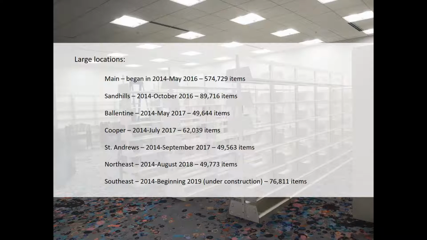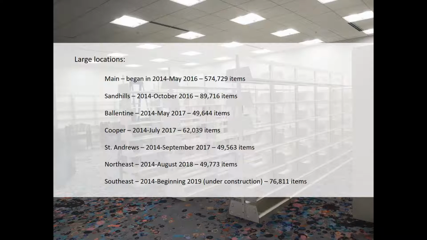Then the teams at the branches were responsible for pulling their material off, for adding them to record sets, which in Polaris is the thing. And then the collection development team could go into those record sets, check them, reclassify them, print labels, and send them out to the branches for actual application onto the books.